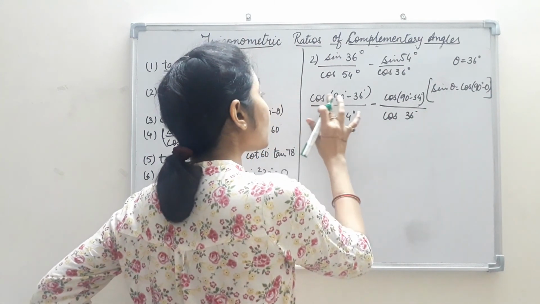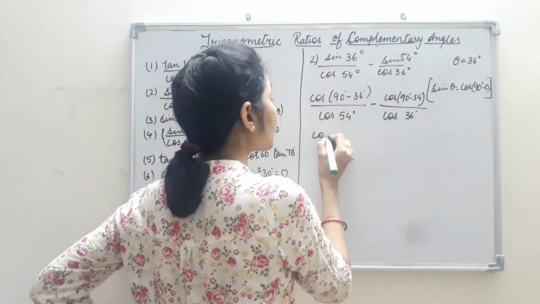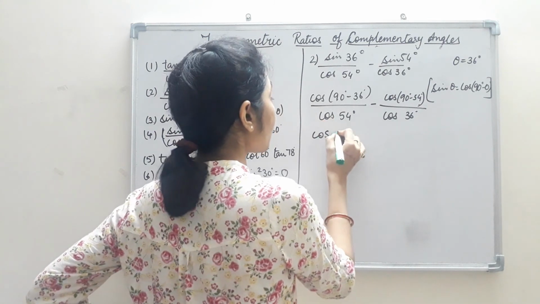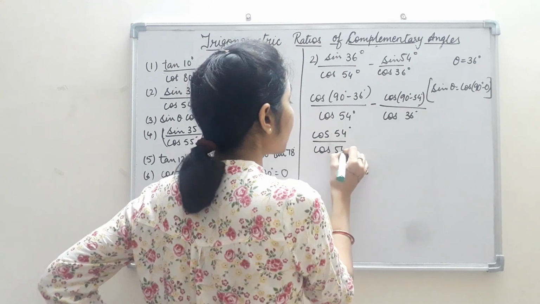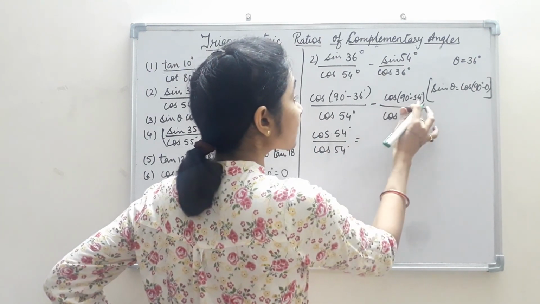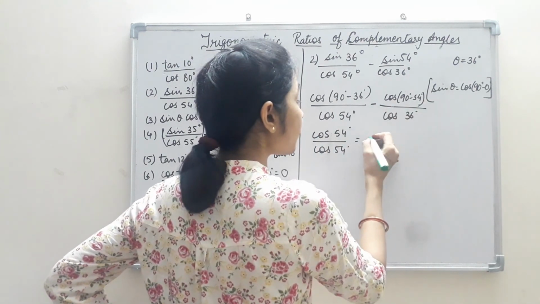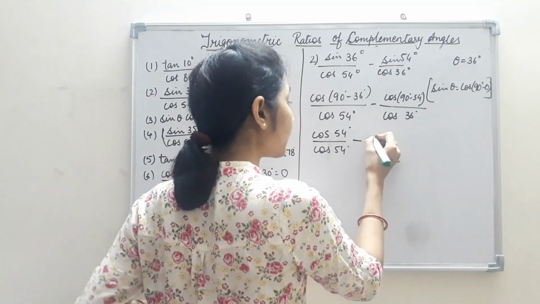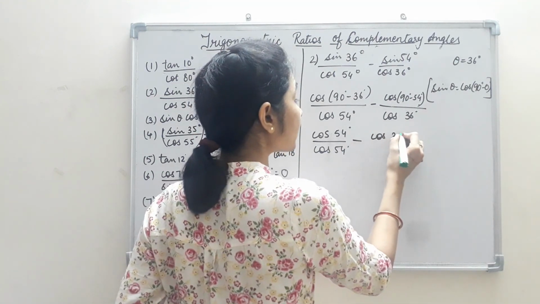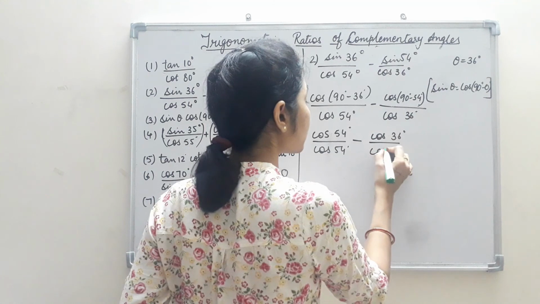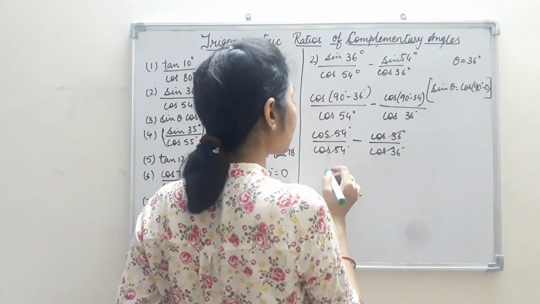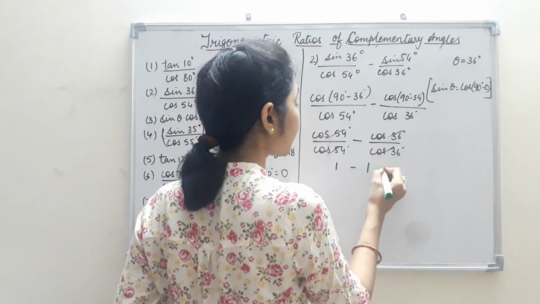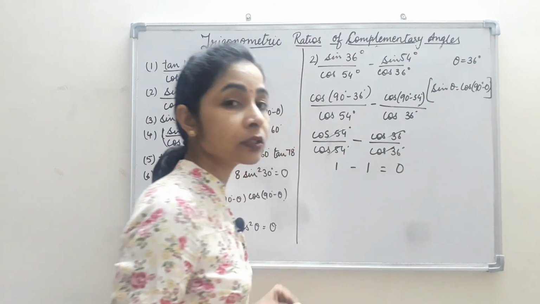Now cos 90 minus 36 is equal to 54, so cos 54 degree upon cos 54 degree. Here also cos 90 minus 54 gives 36, so cos 36 degree upon cos 36 degree. Now the numerator and denominator are the same in both cases. What do I get? 1 minus 1, that is equal to 0.